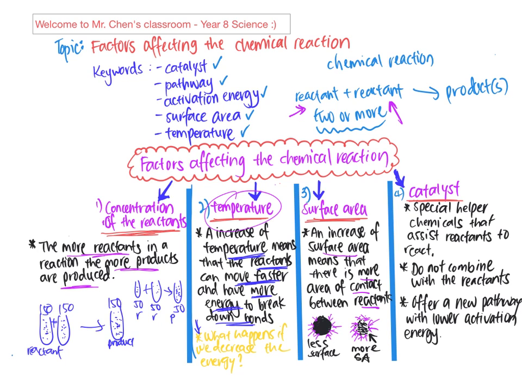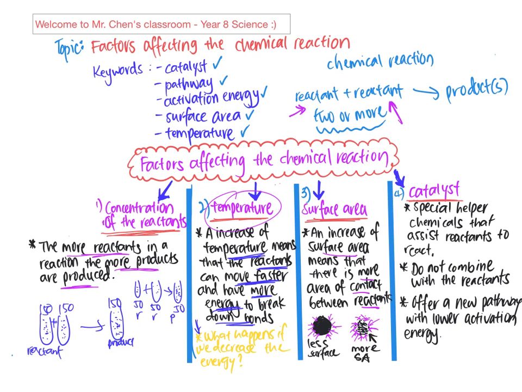That is why we use powder instead of tablets, because powder has more surface area, and you're going to feel better a lot quicker than with tablets. Tablets still do the job, but they have less surface area, which means less reaction. A slower reaction is going to take place.